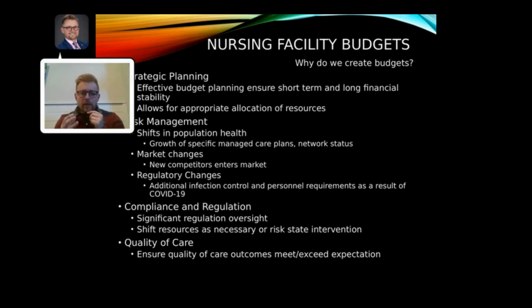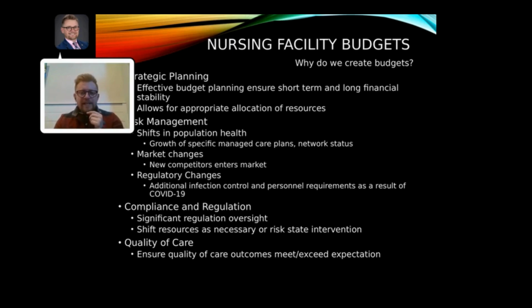Now, a really important characteristic of budgeting is risk management. You really have to take the time and work on trying to forecast changes in our environment. Shifts in our population can significantly impact your operations. If there's growth of a specific managed care plan within your geographic region, you've got to try to forecast that and budget that.